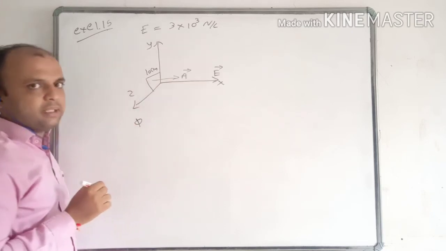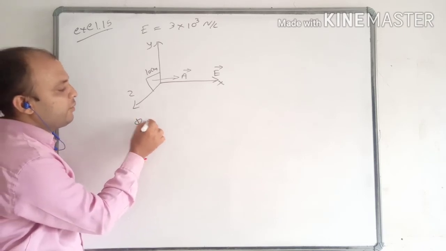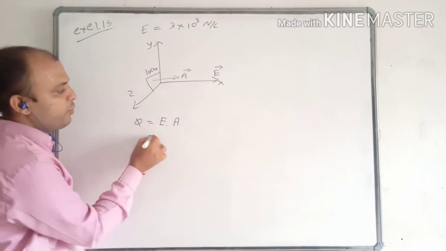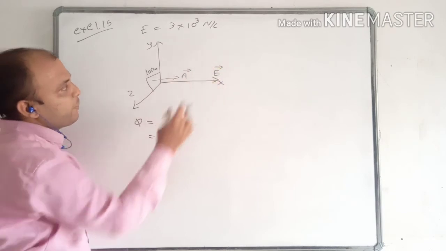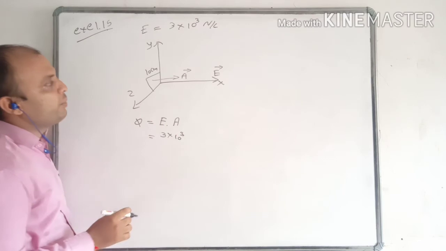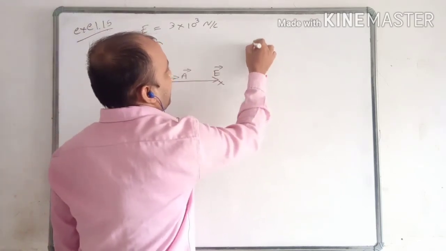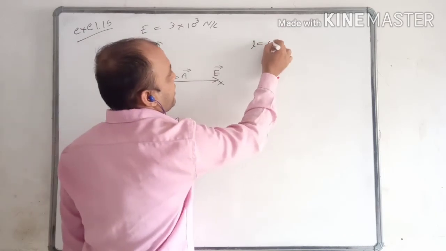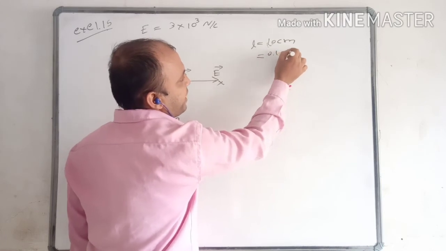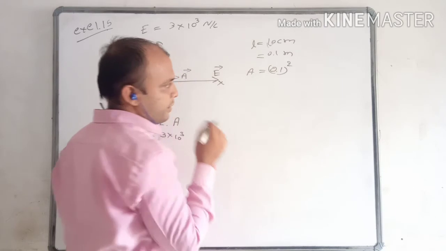If we have to find the electric flux, then we can apply the formula flux equals E times A. The value of the electric field is 3 into 10 raised to 3, but we have to find the area. The side, or length, is 10 centimeter, that is 0.1 meter, so the area will be 0.01 meter square.